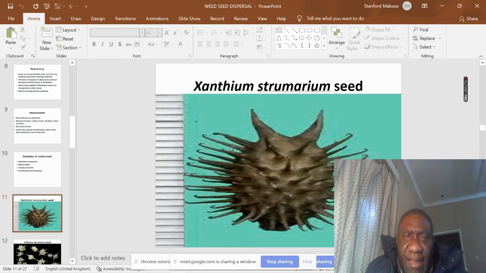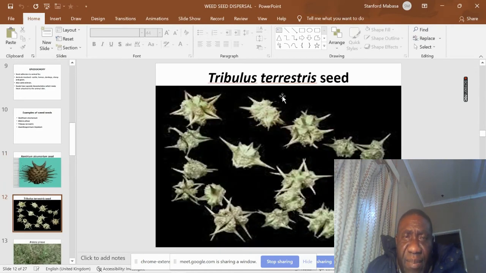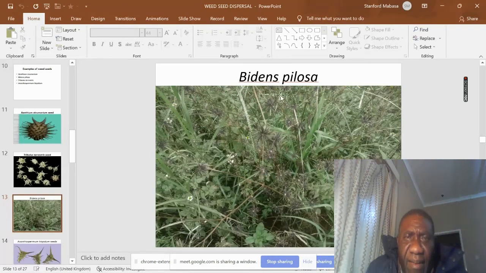This then is Xanthium strumarium seed. Please notice these hooks. It can get attached to animal skin. Tribulus terrestris seed also has these hooks, which allow it to get attached to the animal skin. This is Bidens pilosa.